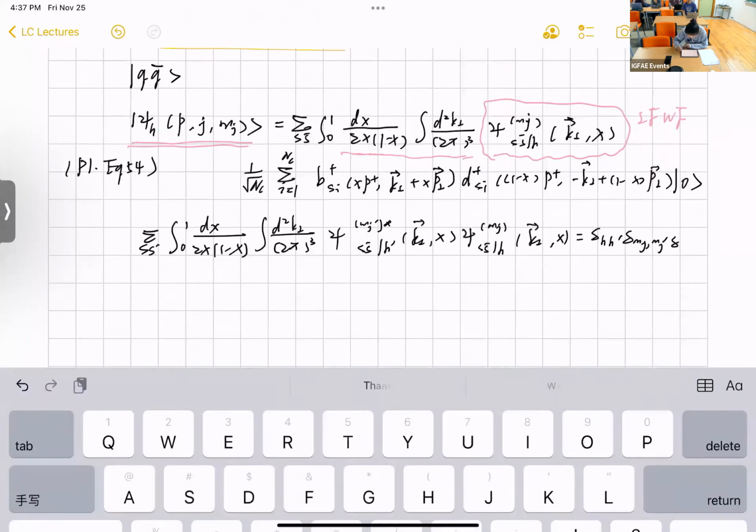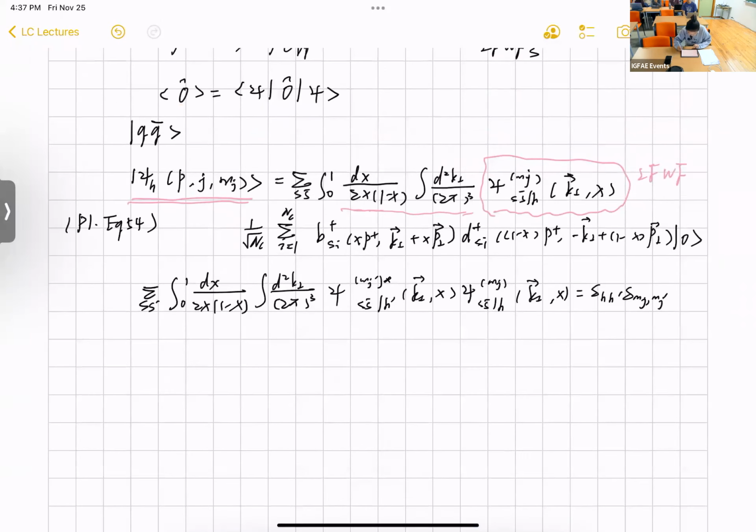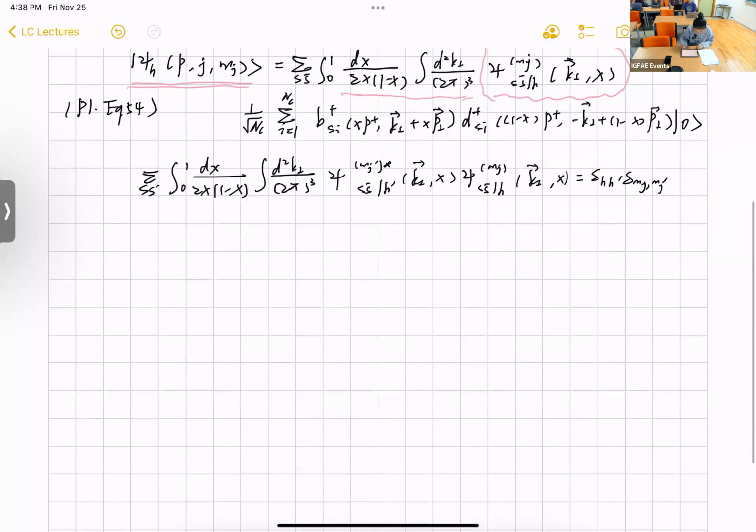So, and then this is for the wave function. And so with this, the state is normalized as this.